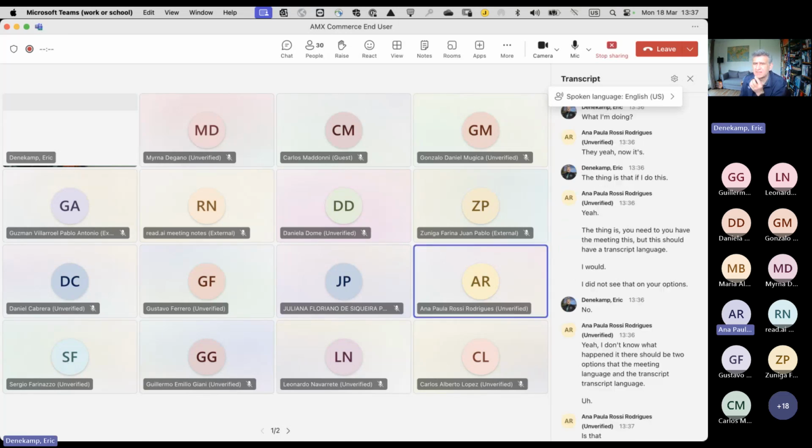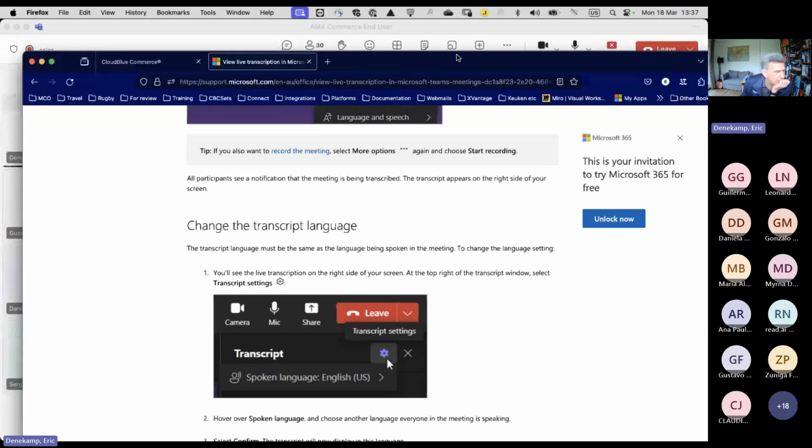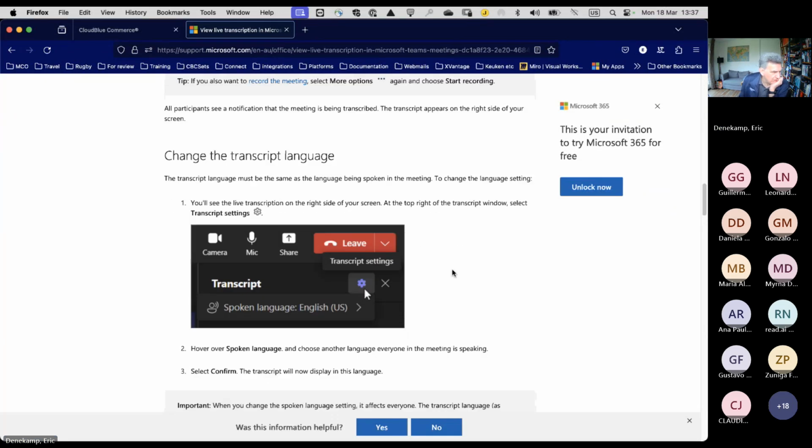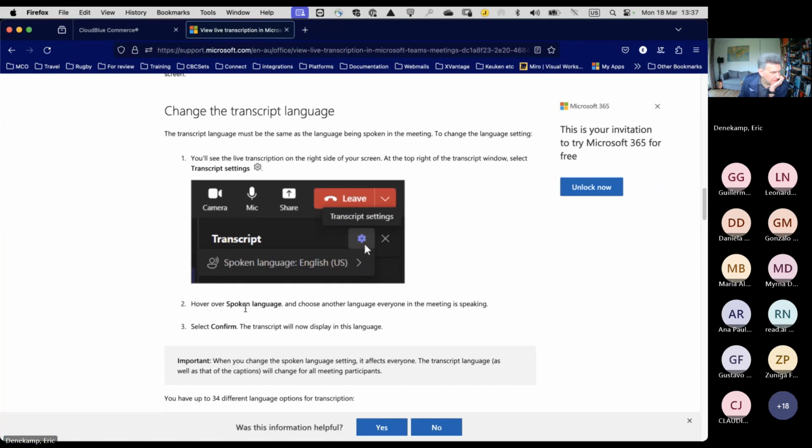What I see here in the knowledge base article that we have here, it says that the spoken language should be what everybody is speaking. It's what we are talking. The transcript will be displayed in the language that I choose here.